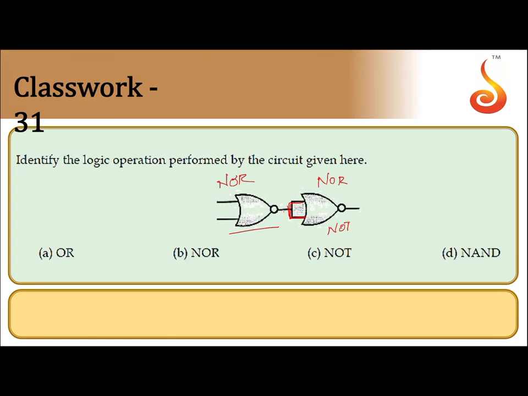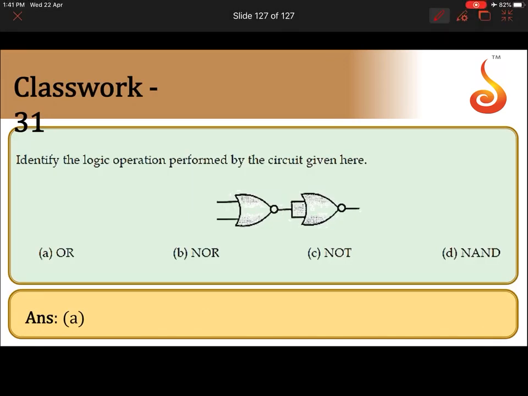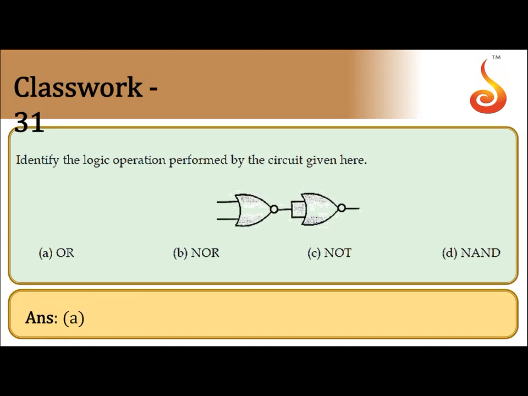So NOR gate connected to NOT gate will behave like OR gate. So it should be option A. Yes, it should be option A.